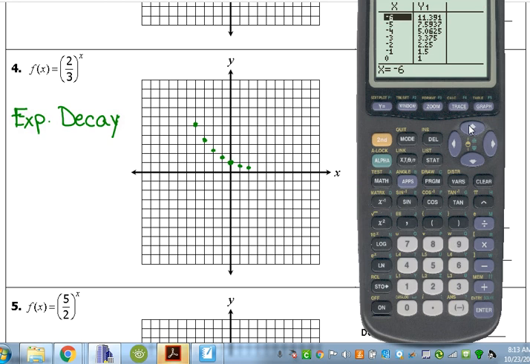Okay, so what's a little bit different about this one? Is the growth as drastic, or is the decay as drastic here? At -5, we're at 7.6. Okay, how does this graph compare to the other ones that we've been graphing? Is it about the same? Anything different about it?